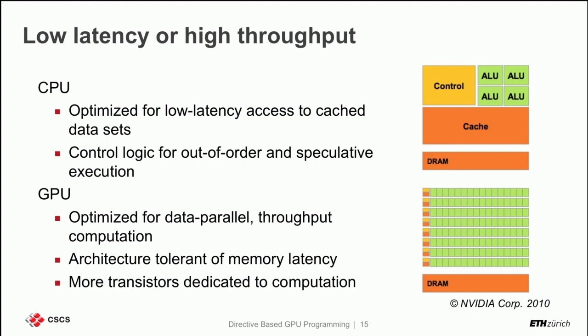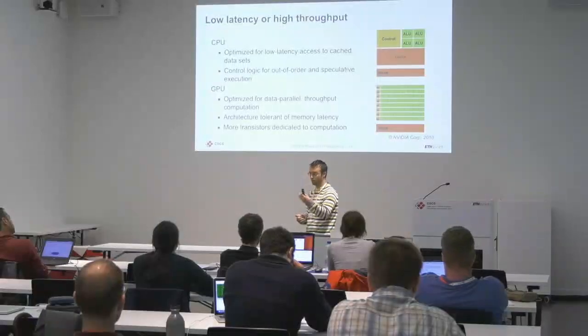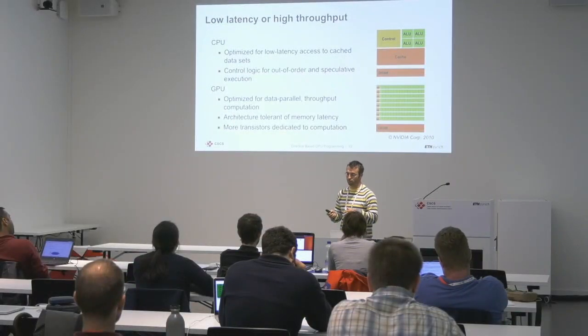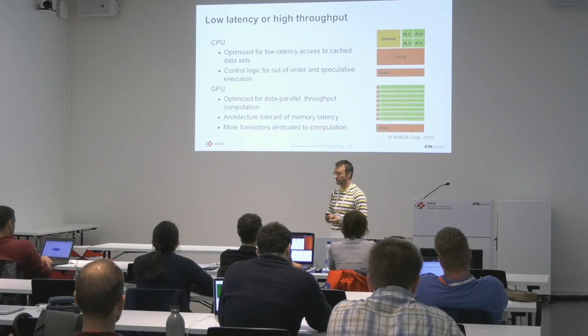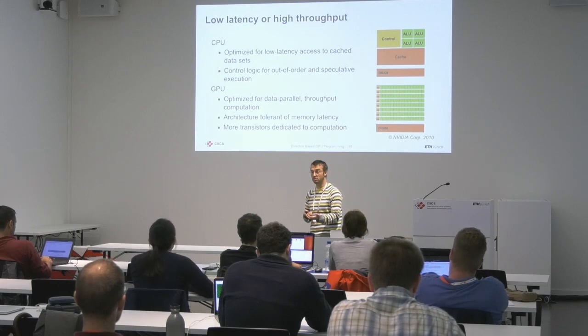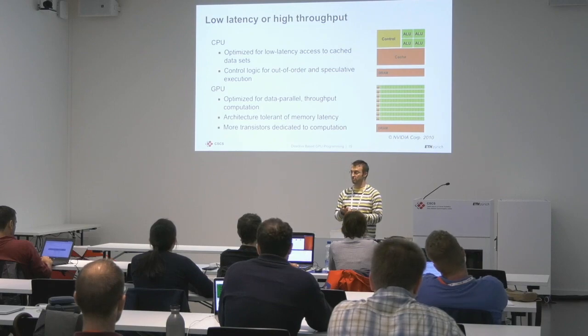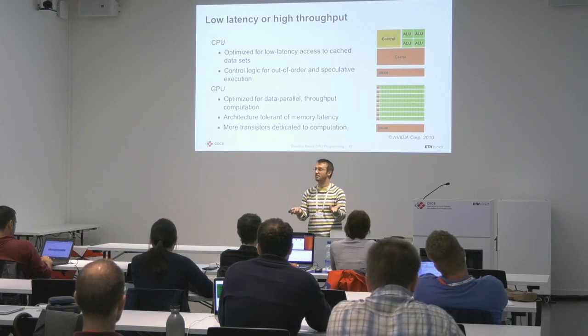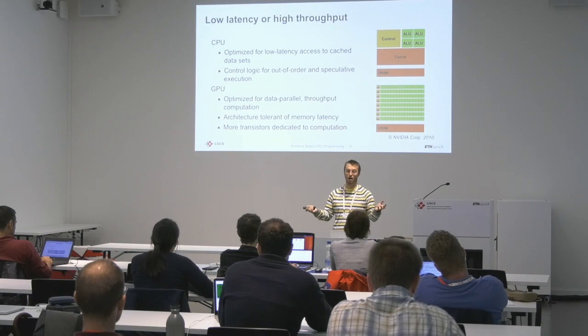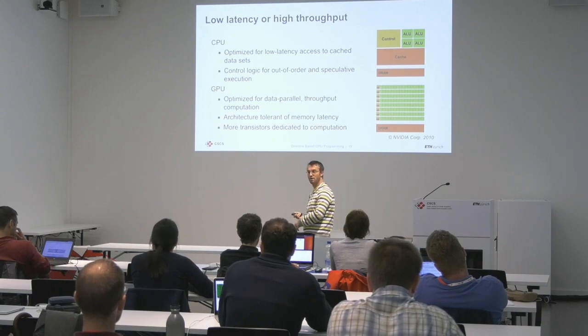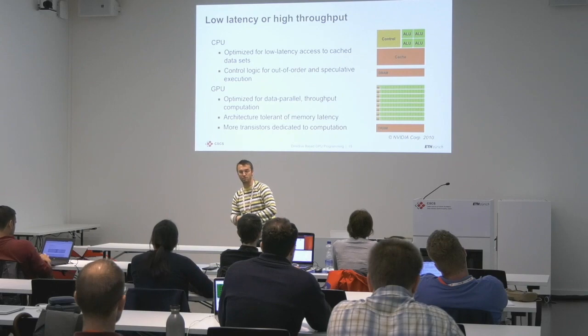Those machines are typically designed for latency-bound applications, where you have to hide the latency of getting to memory by having a very large cache. They can also afford some random accesses, because the workload of CPUs is not just science. It's very wide, from the operating system to database and web applications.